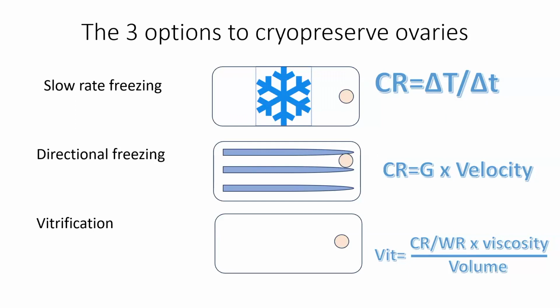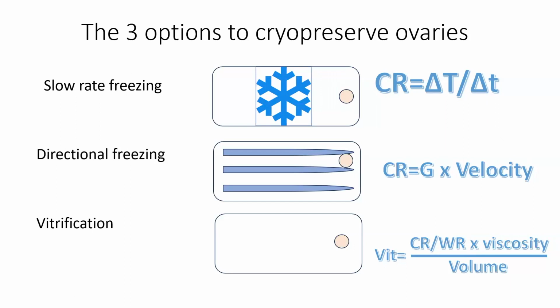So basically, it's probably the optimal way to cryopreserve tissue and whole organs. For probability of vitrification, the most important are the cooling rate and the warming rate. The probability of vitrification increases with increasing cooling rate and warming rate, and with the viscosity.